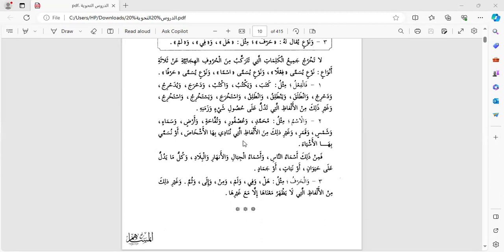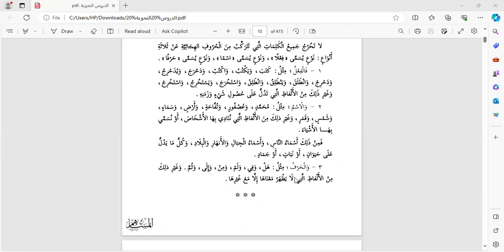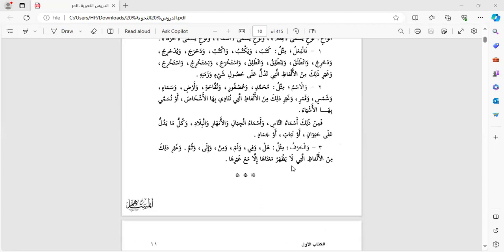The third type, which is حرف, which is التي لا يظهر معناها إلا مع غيرها, which means that the meaning of this type of words doesn't show until they come with another word. For example, the word إلى, which literally means in English "to."